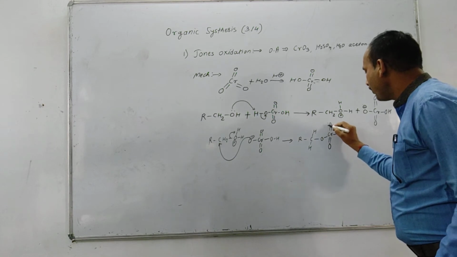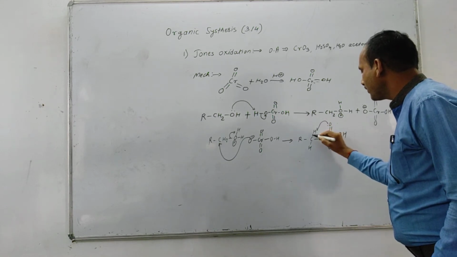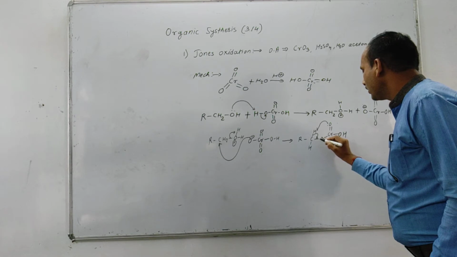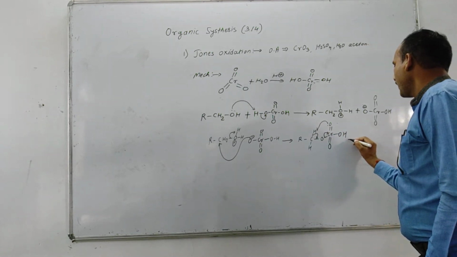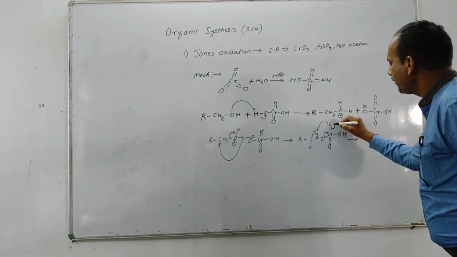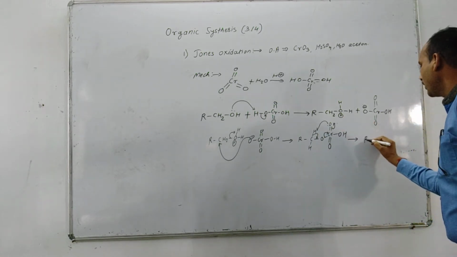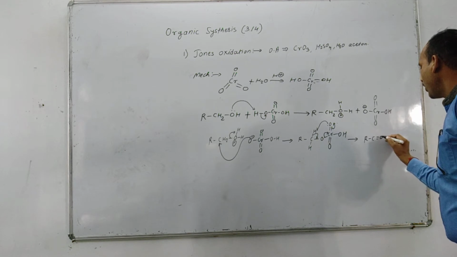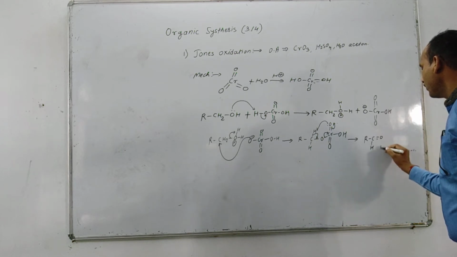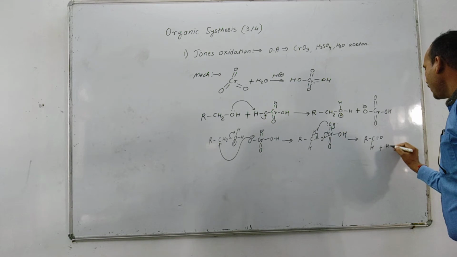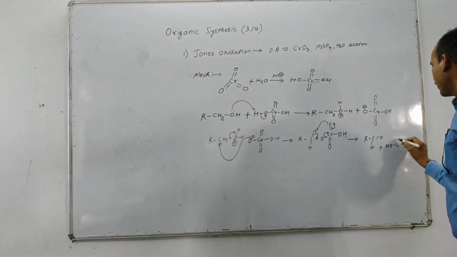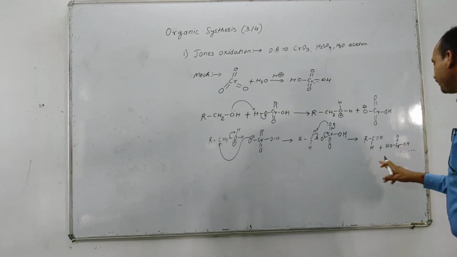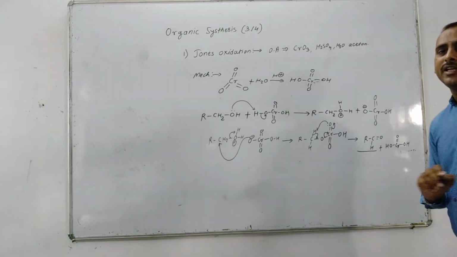Now this lone pair of oxygen takes the proton, this bond sits here, and this bond breaks down. So this bond is shifting here, and there is formation of RC double bond O H plus again HO-Cr double bond O, OH. That is the formation of aldehydes.